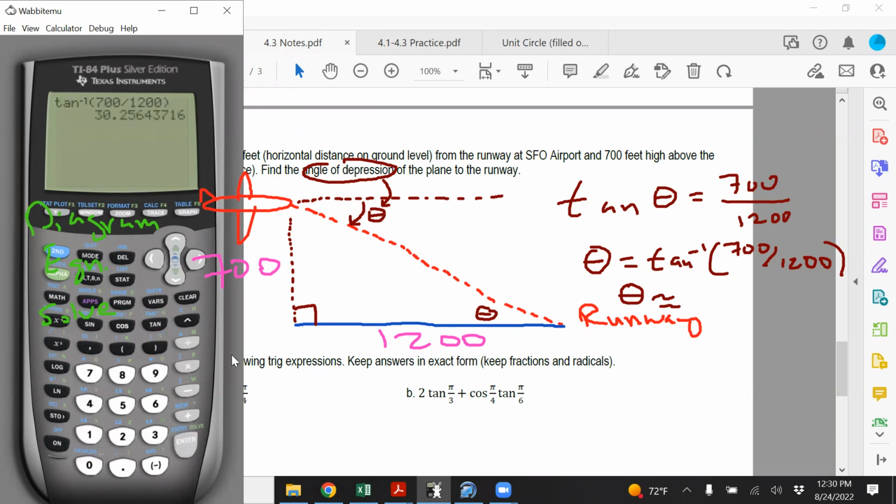Second tan inverse gives 30 degrees. There we go. So 30 degrees. Any questions on this one? We're good? We'll round to the nearest whole number. That's fine.